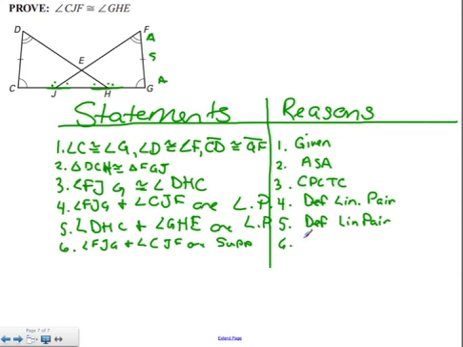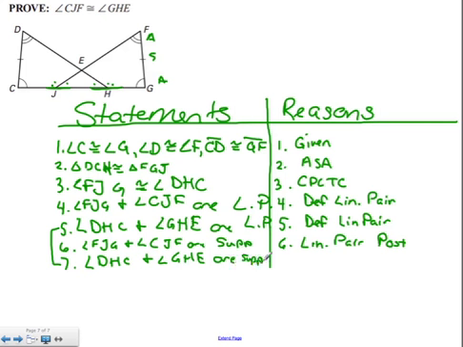The reason for that is the linear pair postulate. Step 7, I'll just kind of repeat step 5 down here. Angle DHC and angle GHE, since they are a linear pair, they are supplementary. So I'll have the same reason as number 6, the linear pair postulate.